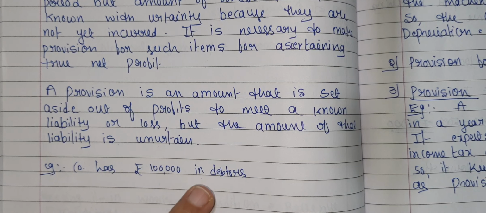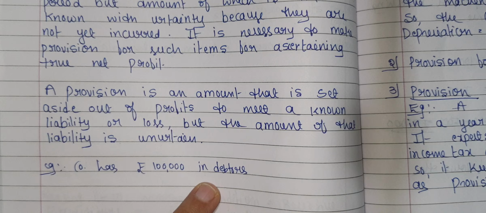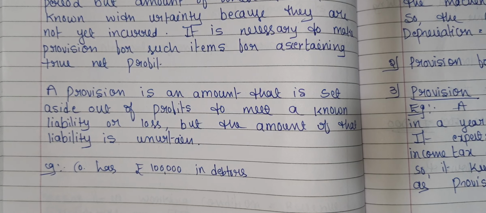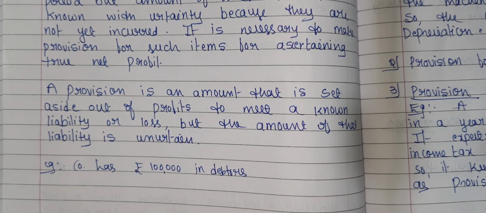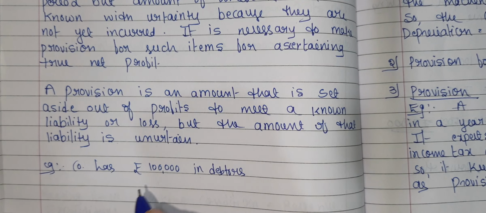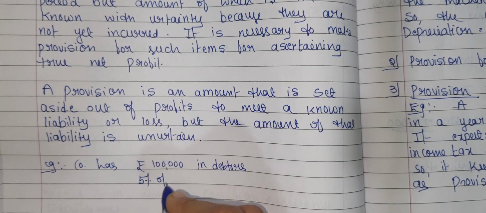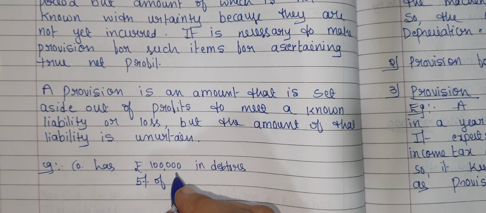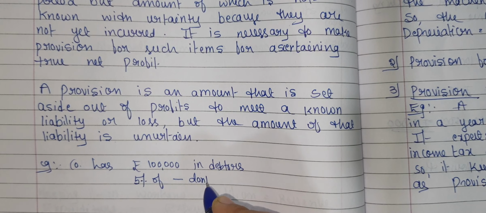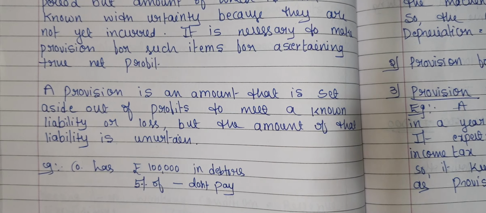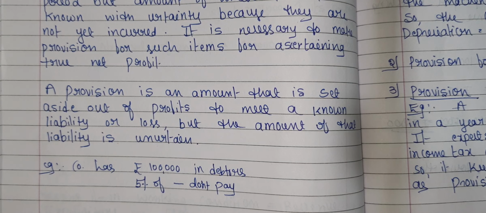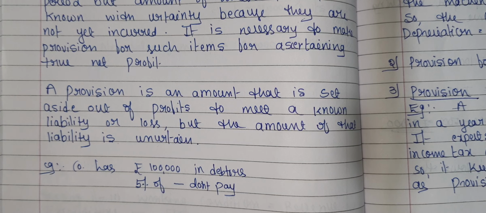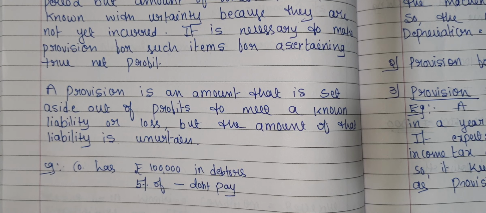So the company has rupees 1 lakh in debtors, and based on past experience, about 5% of them usually don't pay. Here the company estimates, based on past experience, that 5% of them won't pay.